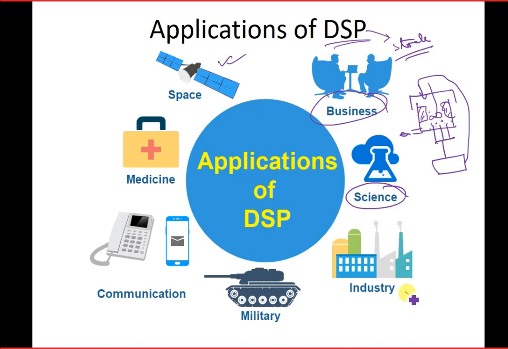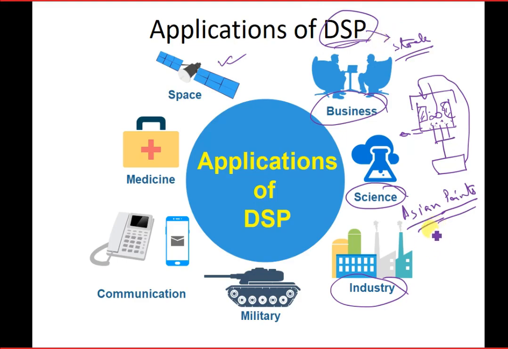Then industry, one of the classical examples is Asian Paints. Those who don't know, I would advise them to go through the history of Asian Paints. They are one of the first industries from India who have used DSP to improve their sales.